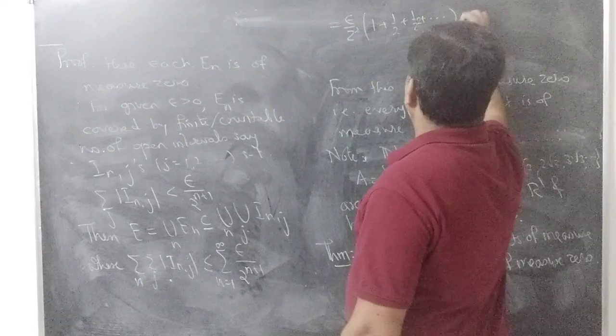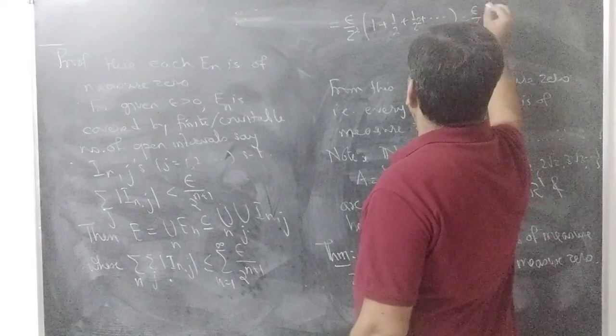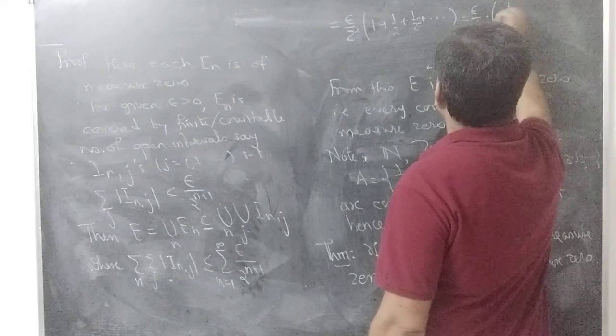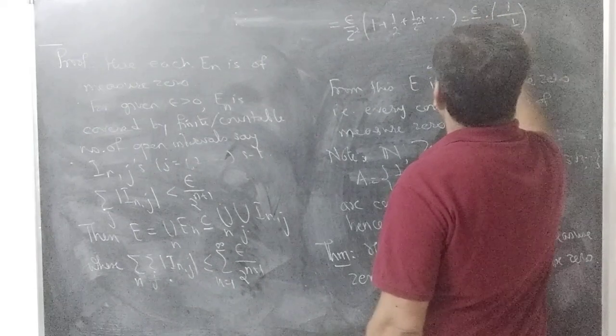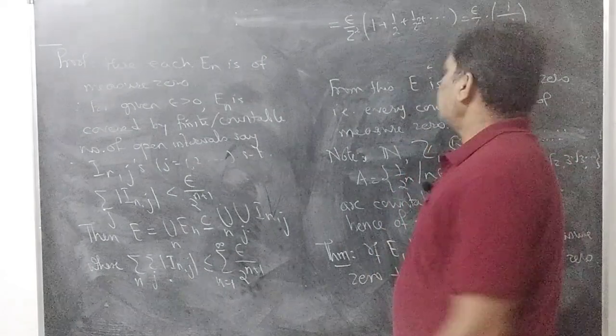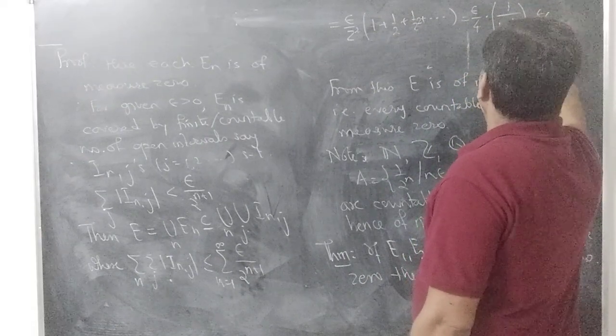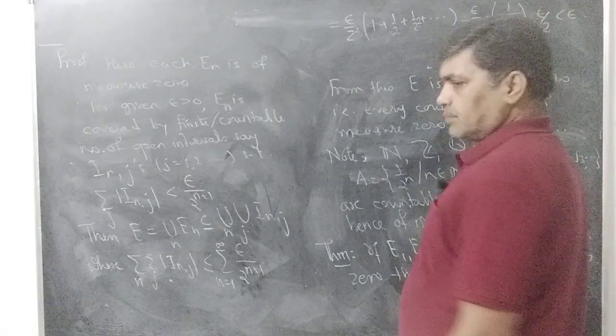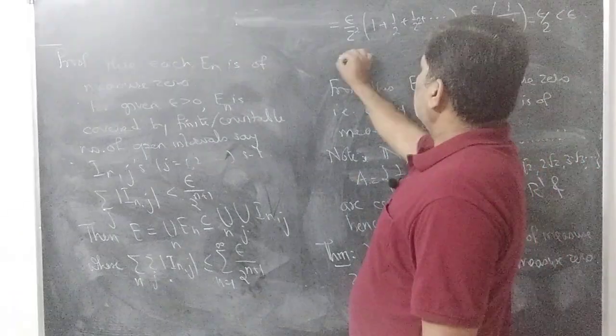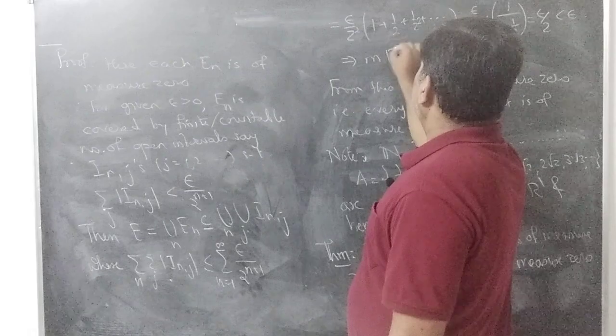Its sum is epsilon upon 4 into 1 upon 1 minus half, the sum of a geometric series, which equals epsilon by 2, less than epsilon, which implies the measure of E is 0.